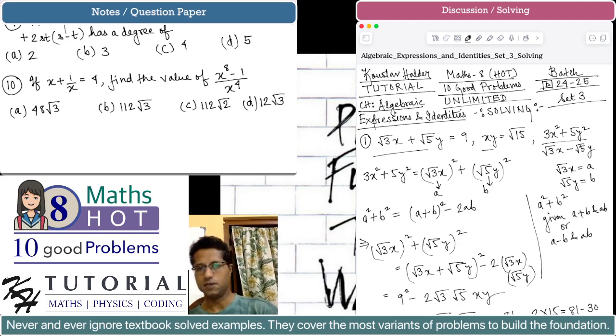And always look out for this playlist, that is Maths 8 HOT, which means high order thinking problems, where I come up with a set of 10 good problems which are harder problems based on every chapter that is completed in the other playlist, CBSE Maths 8 RS Agarwal.